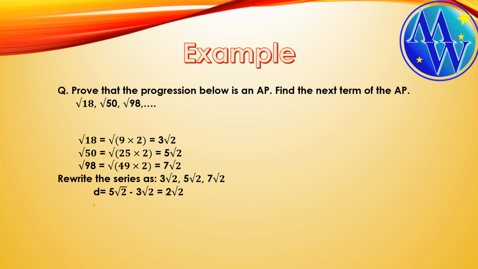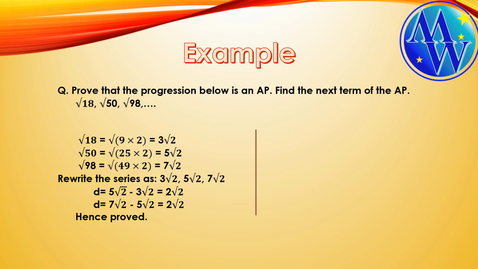Then let's check the other two terms, which is 7 root 2 minus 5 root 2, which is also 7 minus 5 is 2, and root 2 is common, so the answer is 2 root 2. Both the differences are the same, so we can say the given sequence is an AP. Hence proved.